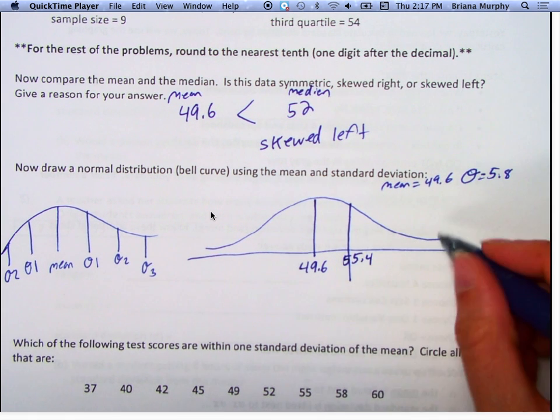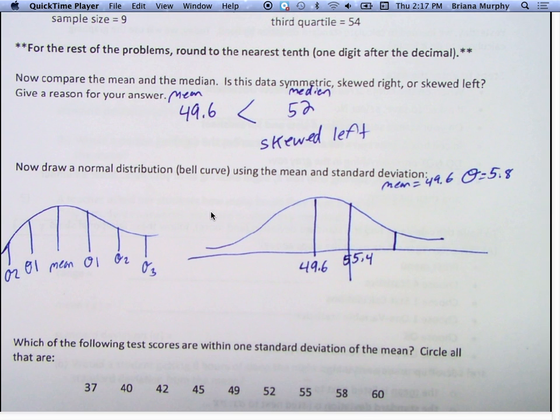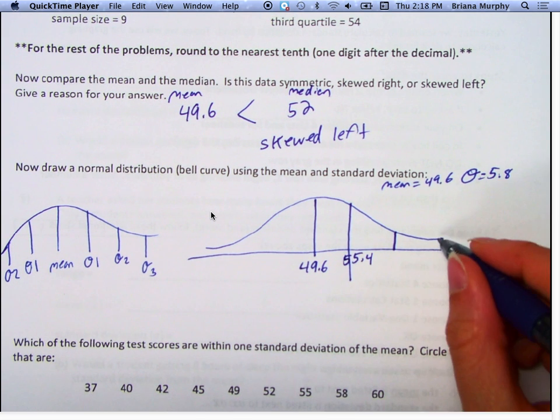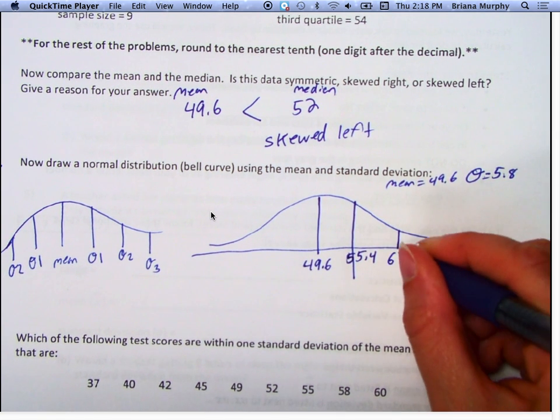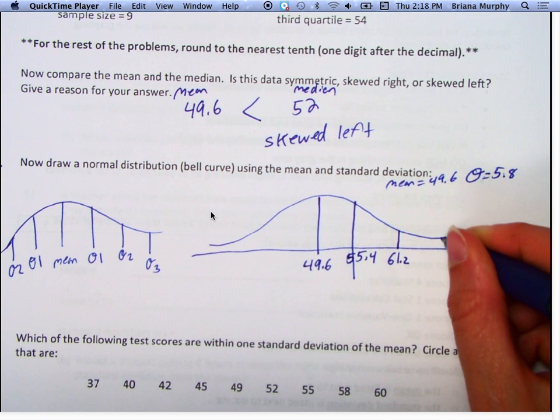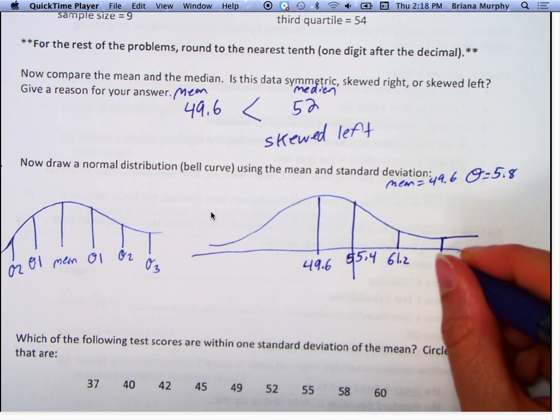Okay, now 55.4 plus 5.8. You're just adding the standard deviation to it each time. 61.2. Let's do it one more time. 61.2 plus 5.8 is 67.